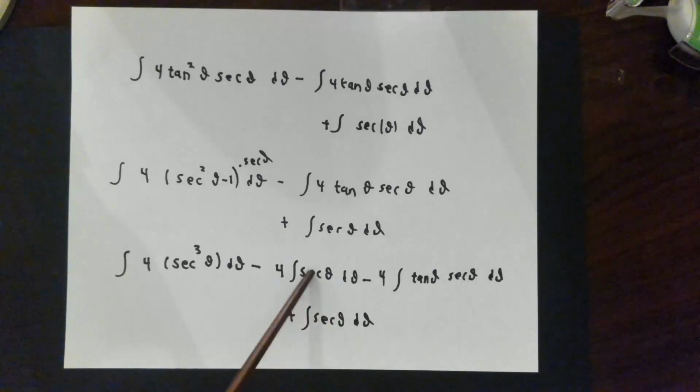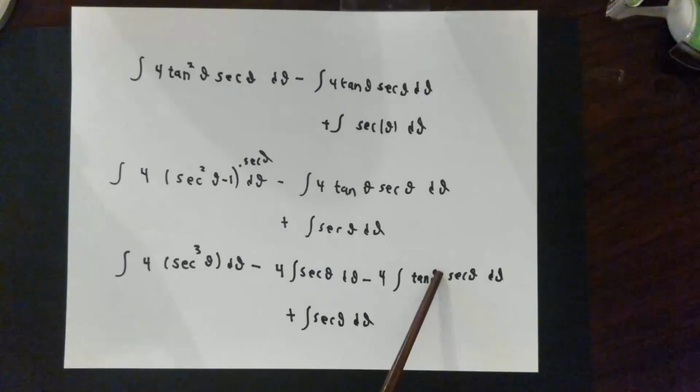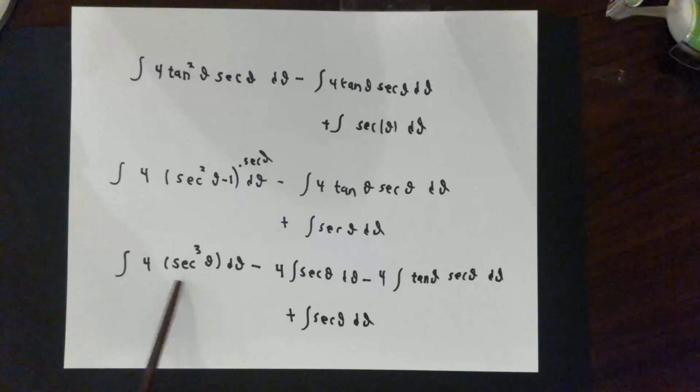I can combine these two terms. We know how to integrate secant theta. We know how to do that integral. And this one is 4 times the integral of secant cubed theta, which, although kind of horrific, we have seen several times by now.